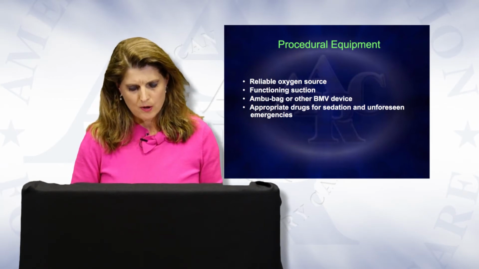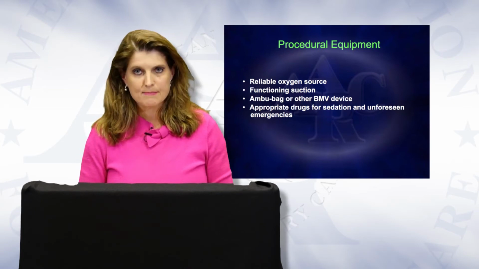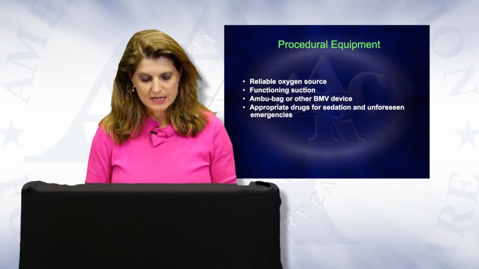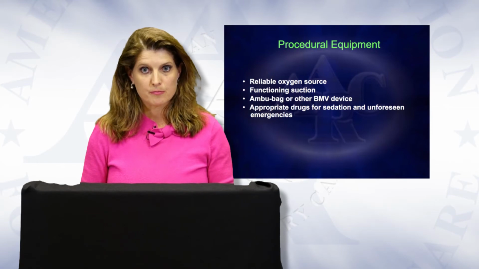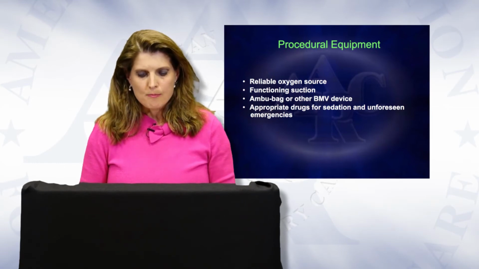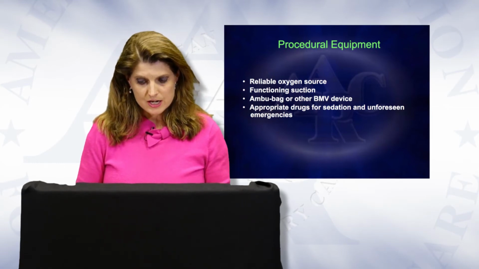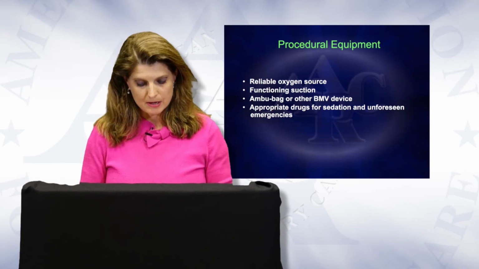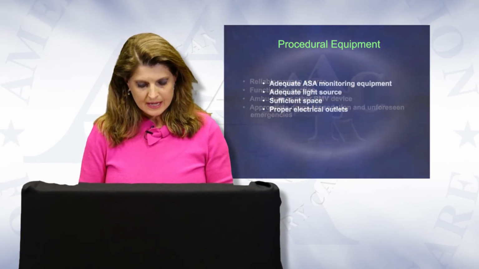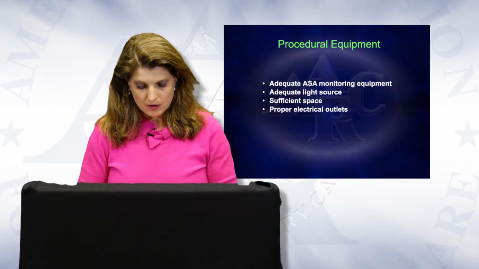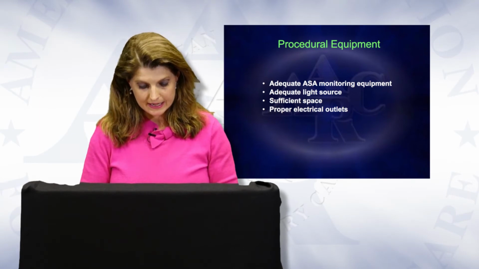An ambu bag or other bag mask ventilation device capable of delivering at least 90% oxygen via positive pressure ventilation. Appropriate drugs for both sedation and unforeseen emergencies. Adequate ASA monitoring equipment that adheres to the current guidelines.